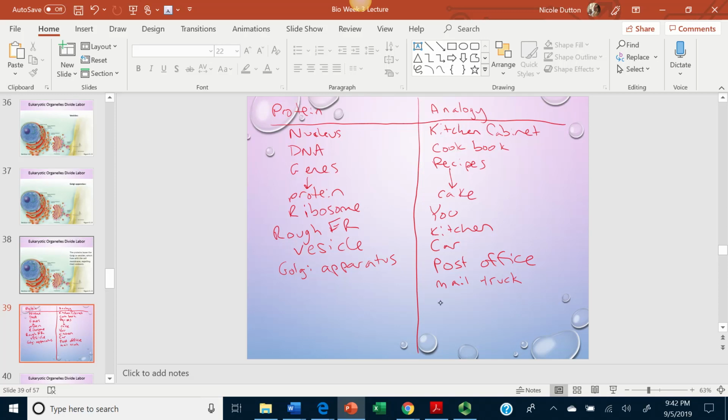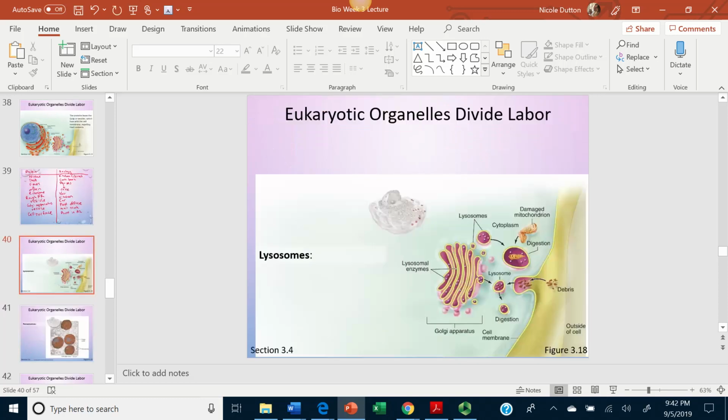So mail truck, and you get delivered to your aunt in Arizona. So from the Golgi apparatus, it goes into another vesicle, and then it'll eventually get shipped to the cell surface. So I am going to come back to this analogy again, like I said, with the protein production stuff that we'll talk about later on, but hopefully this gives you kind of an idea of what's going on here.